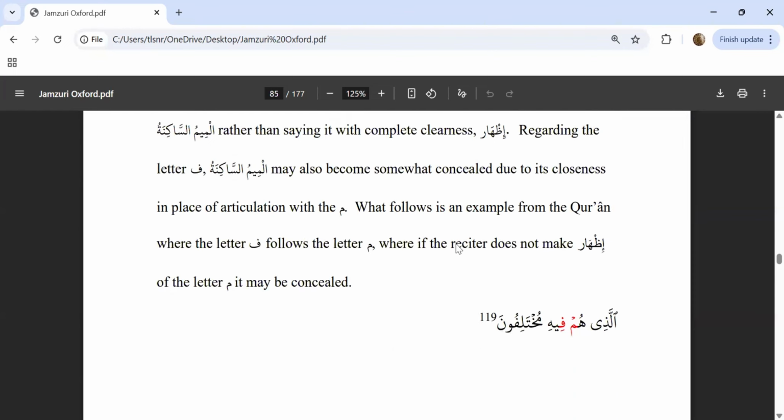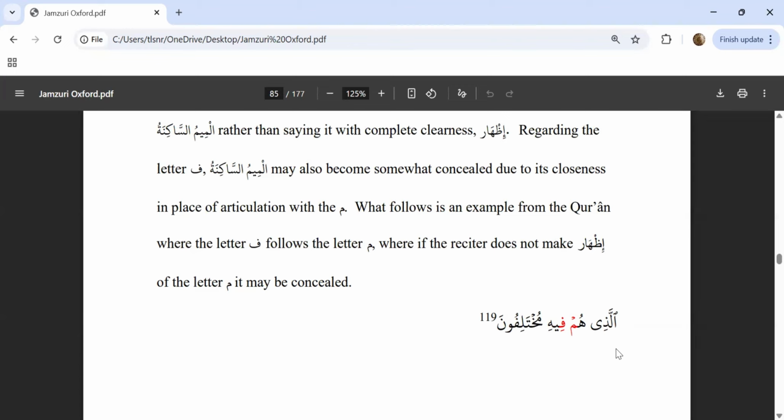So if we take a look at the example here, we have a mim sakina, and it's followed by the letter fa. So if one doesn't stop and close the lips properly and pronounce the mim before moving into pronouncing the letter fa, concealment can occur. So with idhar, we would say الذي هم فيه.